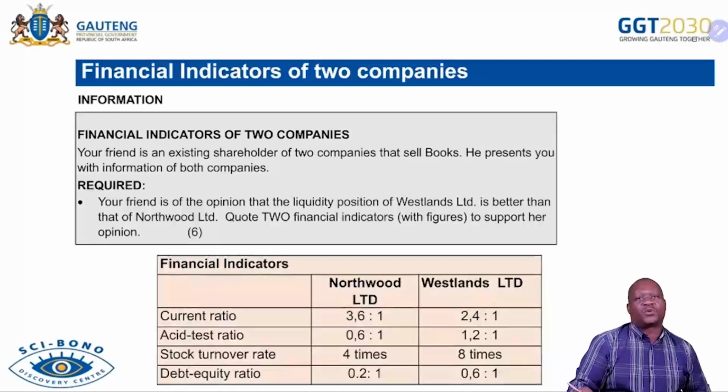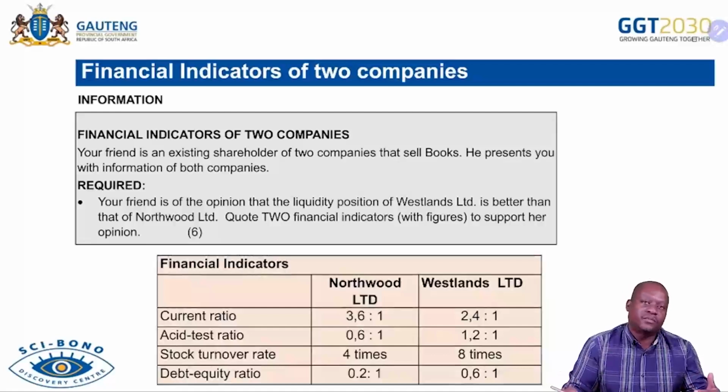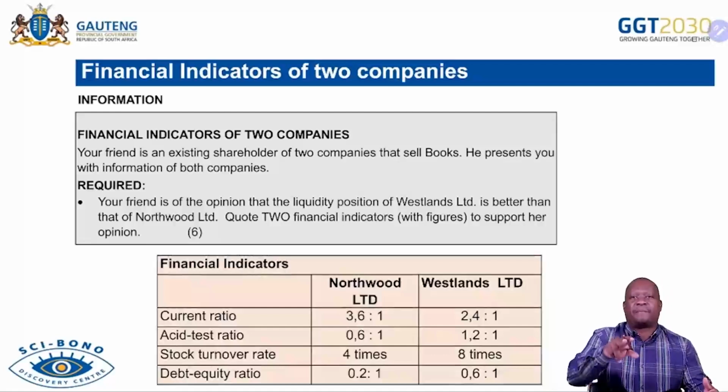Let's just look into something here. The relationship between current assets and acid test ratio. What separates the two?